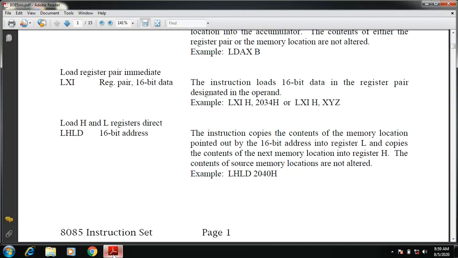The instruction copies the contents of the memory location pointed to by the 16-bit address into register L, and copies the content of the next memory location into register H. First the content at the 16-bit address goes into L. After that the address is incremented to point to H. So for the register pair HL, first L is stored, then the data is stored in the H register. Here also the source memory locations are not altered.